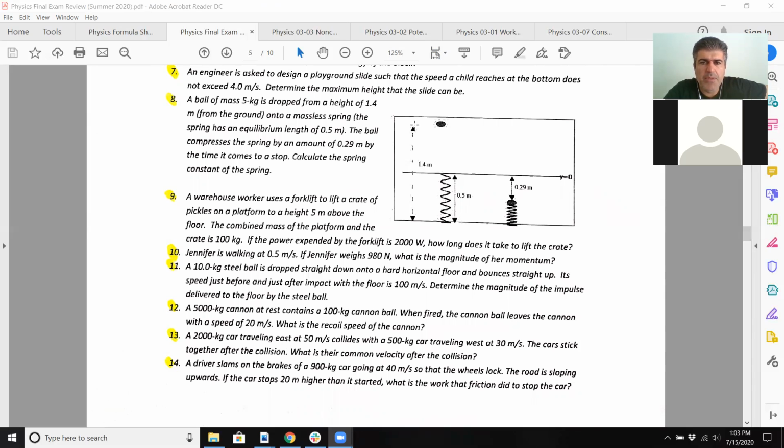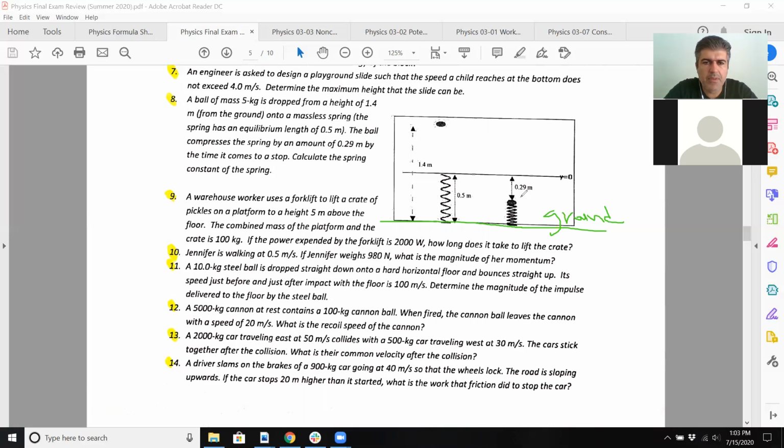But I'm assuming that this is the ground, straight up. And then obviously it hits it over here, then it compresses it. So my guess is what you'd want to know.